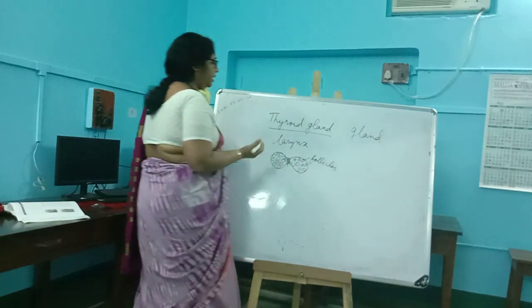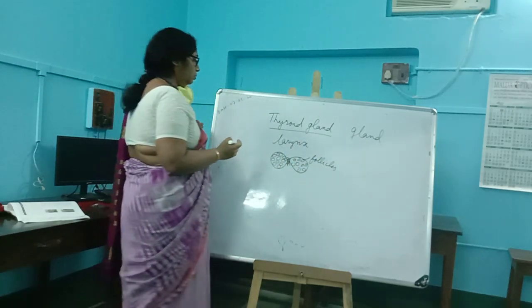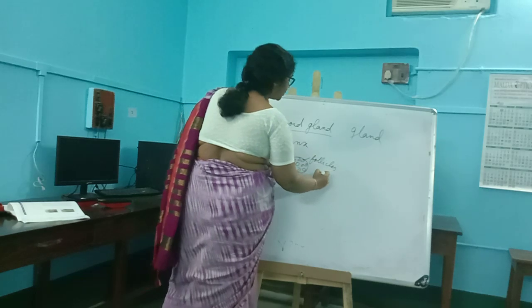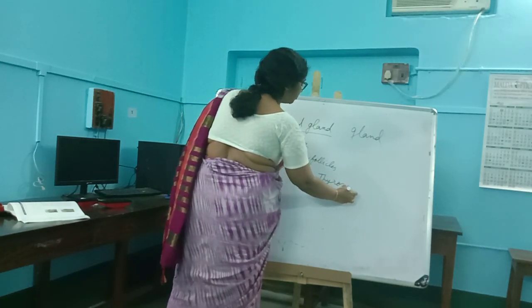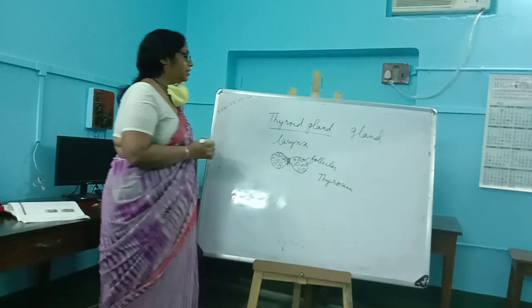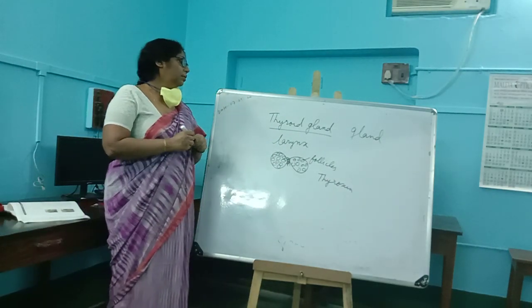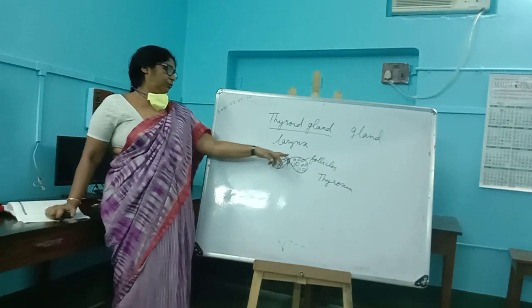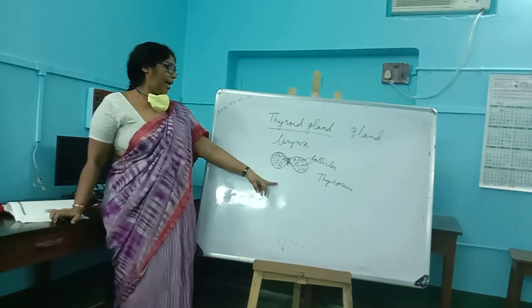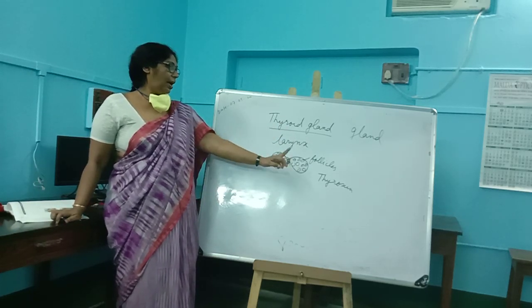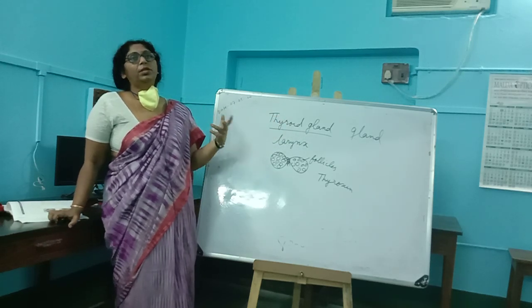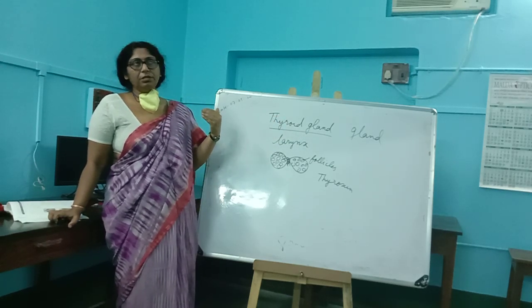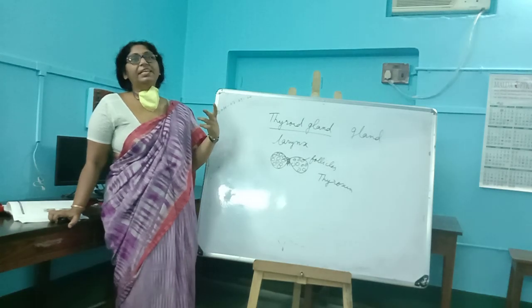Now from these follicles, the thyroid gland produces the hormone thyroxine. So from the follicles of the thyroid gland, you will be getting the hormone thyroxine, which will be controlling the metabolism. Cellular oxidation is controlled by it, and it's called basal metabolic rate.